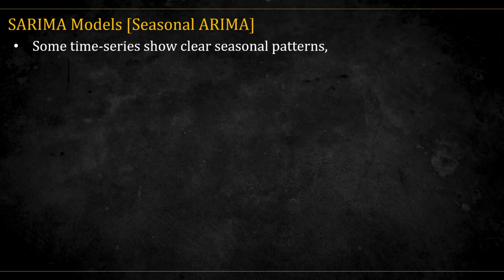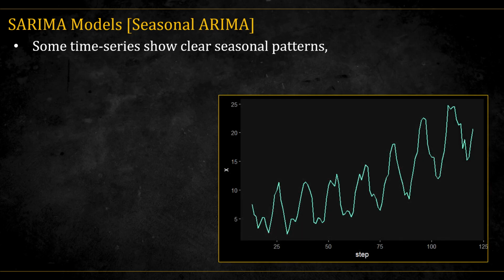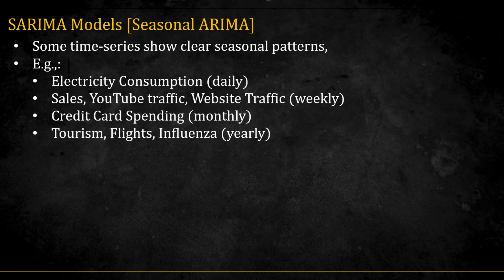Certain time series data exhibit clear and predictable seasonal patterns, where observations repeat at regular intervals, known as seasons. Here's an example of such a time series where you can see a clear seasonal pattern. Modeling these patterns is crucial for accurate forecasting and analysis. Examples of seasonal patterns include electricity consumption.